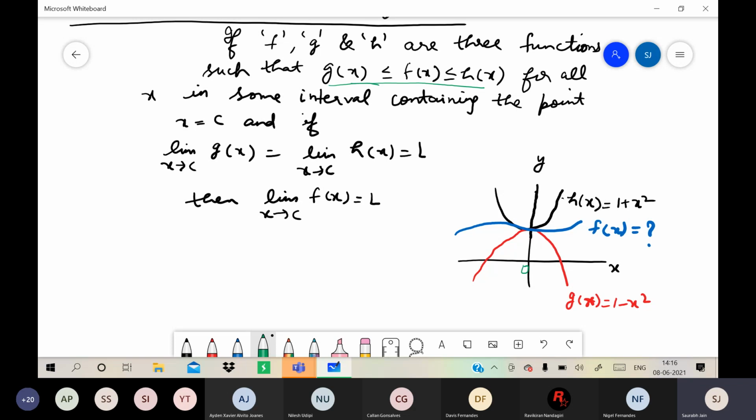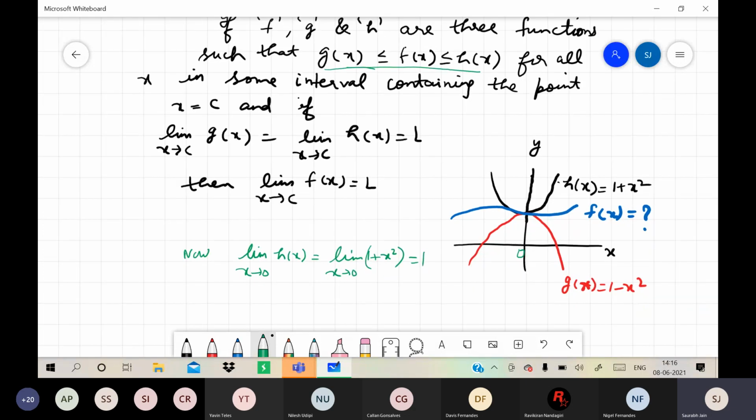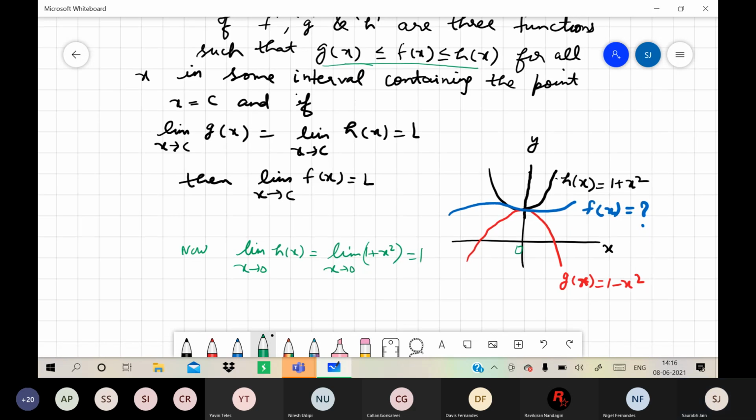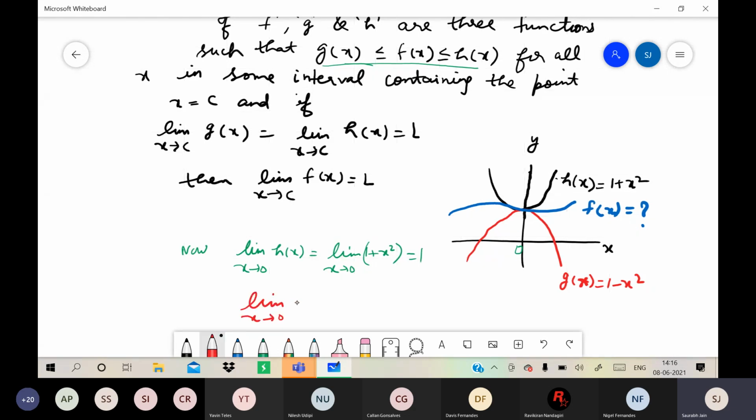So this condition is satisfied. Now, what about limit x tends to 0 of h(x)? That means limit x tends to 0 of 1 plus x square. This will be 1. It is a value-putting kind of situation. Similarly, limit of g(x). First of all, I have calculated the limit of h(x), which is always above.